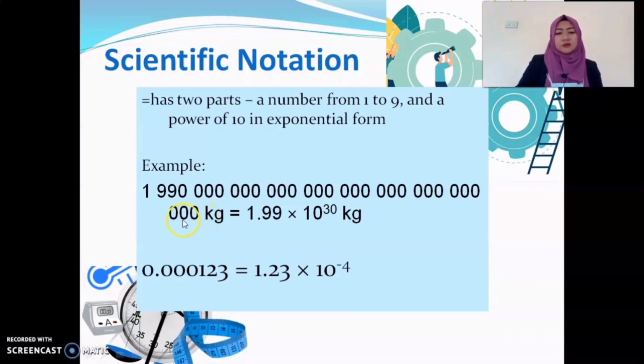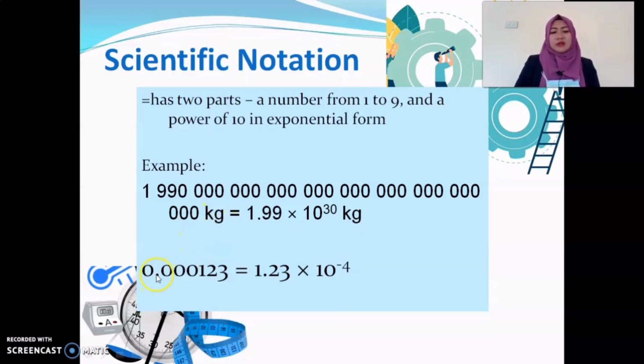So we have 1, 2, 3, 4, 5, 6, 7, 8, 9, 10, 11, 12, 13, 14, 15, 16, 17, 18, 19, 20, 21, 22, 23, 24, 25, 26, 27, 28, 29, 30. So our decimal point is moved from the end of the zeros to between the 1 and the 9. We'll have the scientific notation of 1.99 times 10 to the 30, because we have moved the decimal point 30 times.